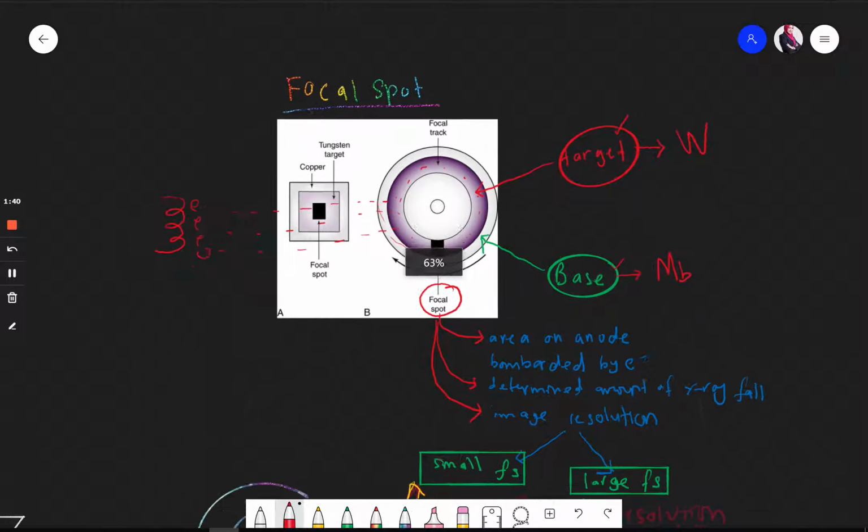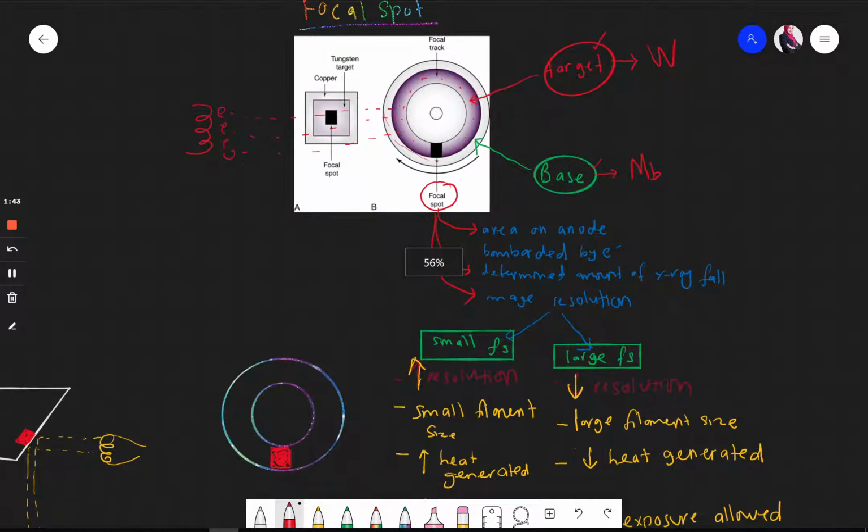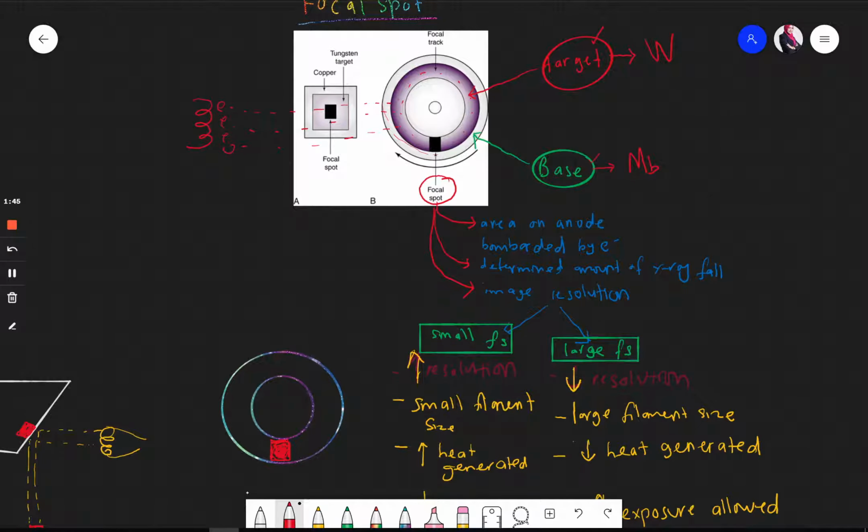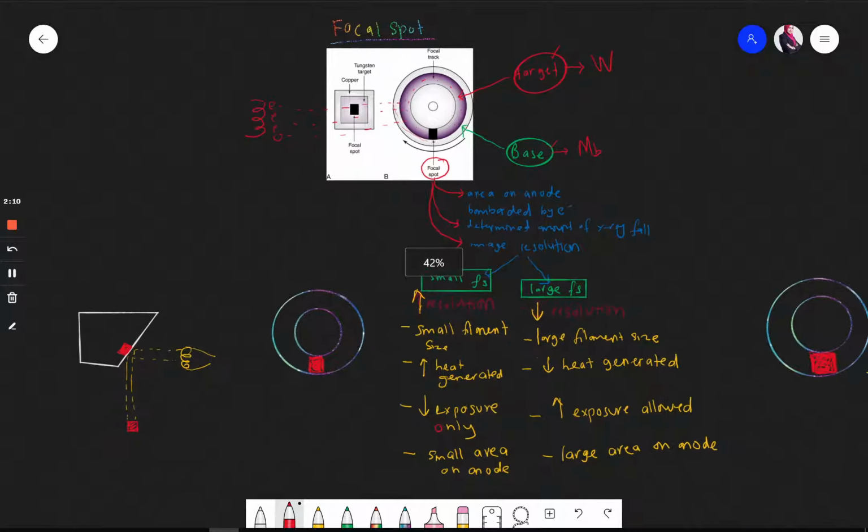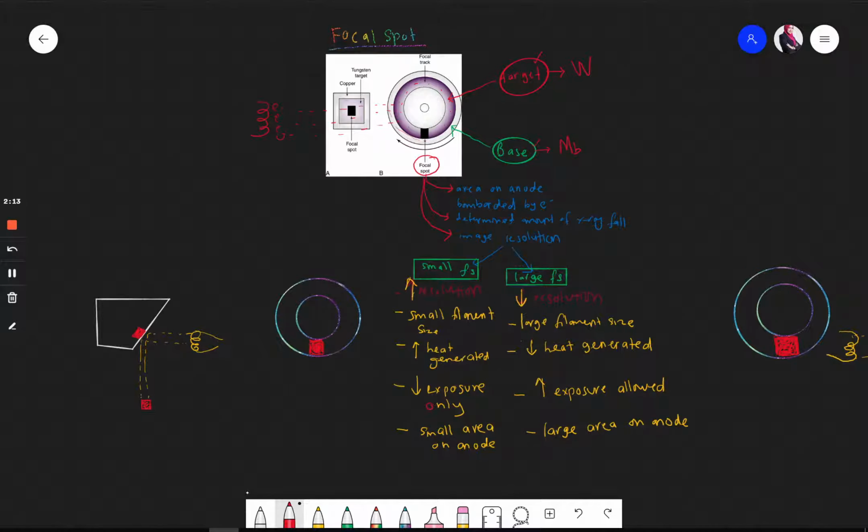There are two types of focus part for image resolution: small focus part and large focus part. A small focus part will produce better, or high, resolution, whereas a large focus part will produce poor resolution. This small focus part comes from a small filament size, and the large focus part comes from a large filament size.